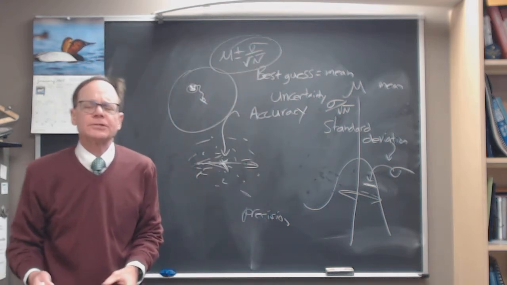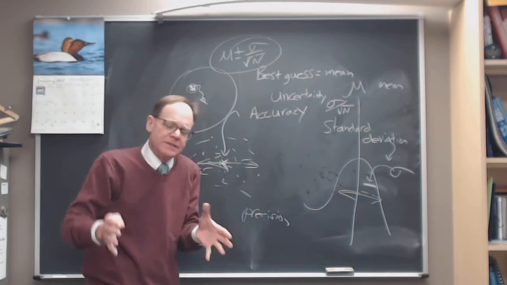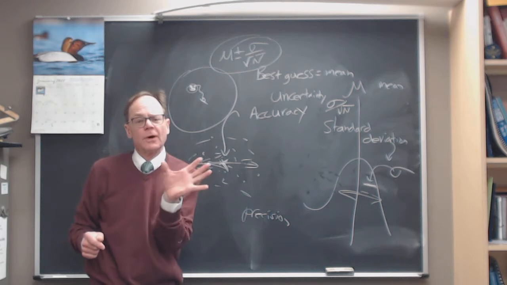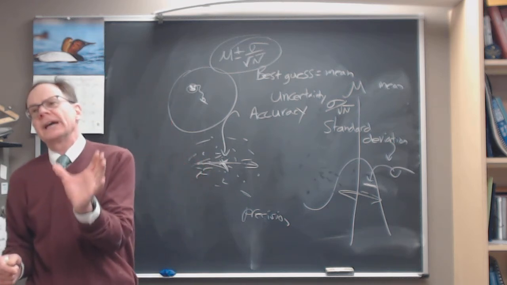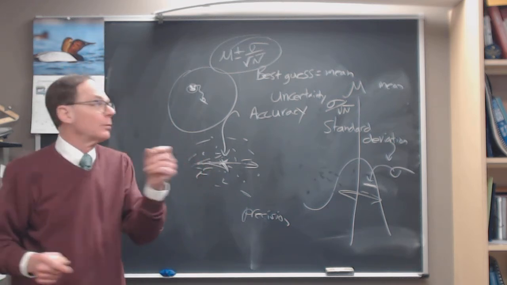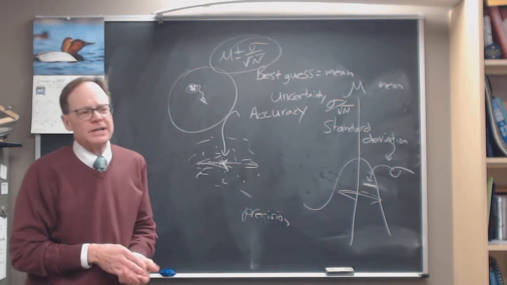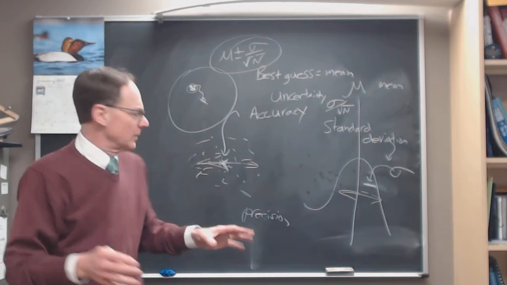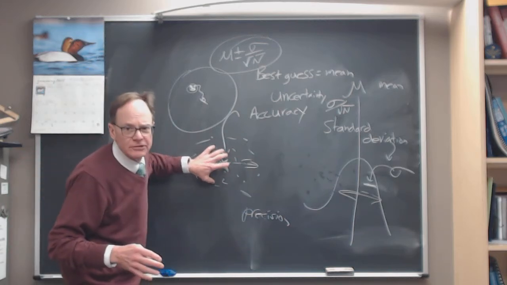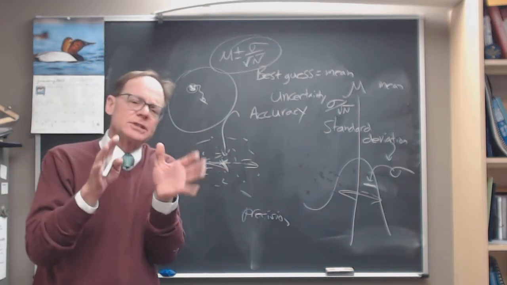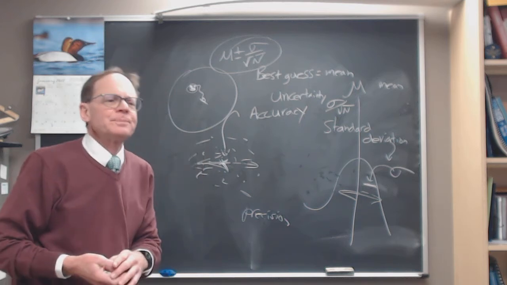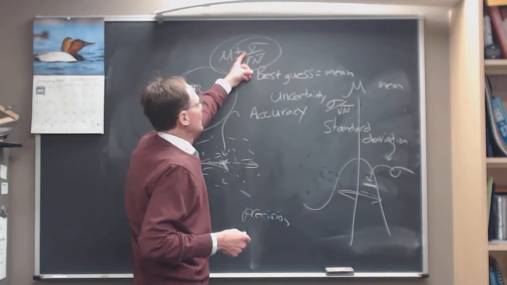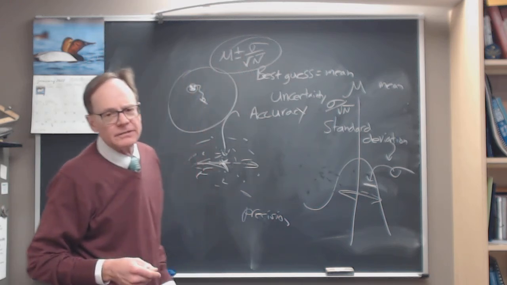If these things are distributed according to a Gaussian distribution, which we assume that they are, we'll talk more about that as the semester unfolds, then we would say there is about a 2/3 chance that just by random chance, just by the noise, just by the lack of precision in the measurements, your actual mean falls within plus or minus one standard error, one standard deviation.